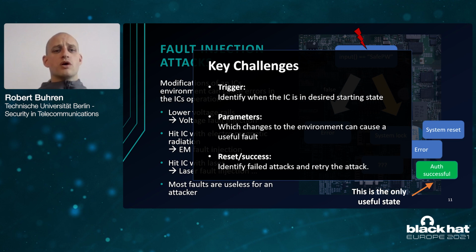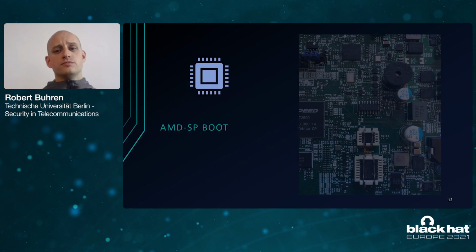And you need to determine whether your attack was successful. Also, in case it was not successful, you need to be able to quickly reset the system and then try again. Because most of the times you try a fault attack, the effect will not be that you gain access. The system might crash or whatever. Just a minor fraction of the attempts will result in a successful attack. So you need to be able to quickly reset the system and try again.